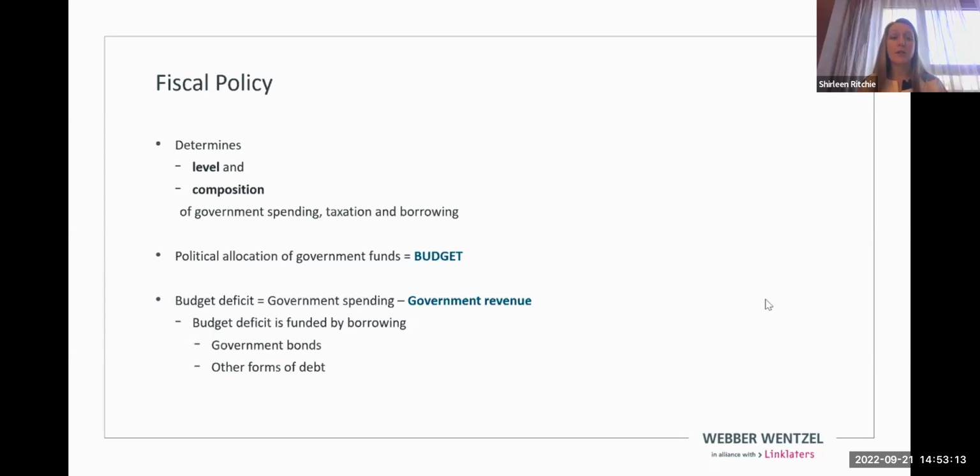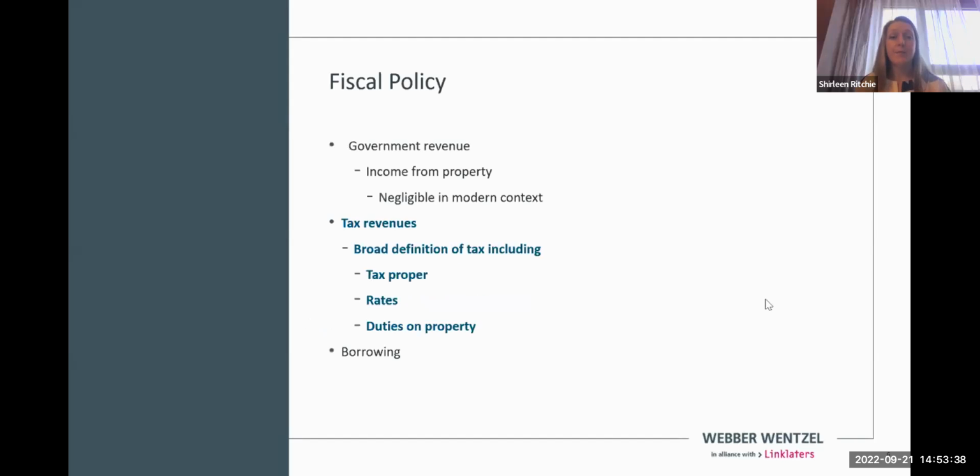A budget deficit, which most countries would have, is the difference between what the government spends and its revenue. The deficit we can fund either by government bonds or other forms of debt. During the COVID pandemic, many governments issued COVID bonds, intended to cover this gap.